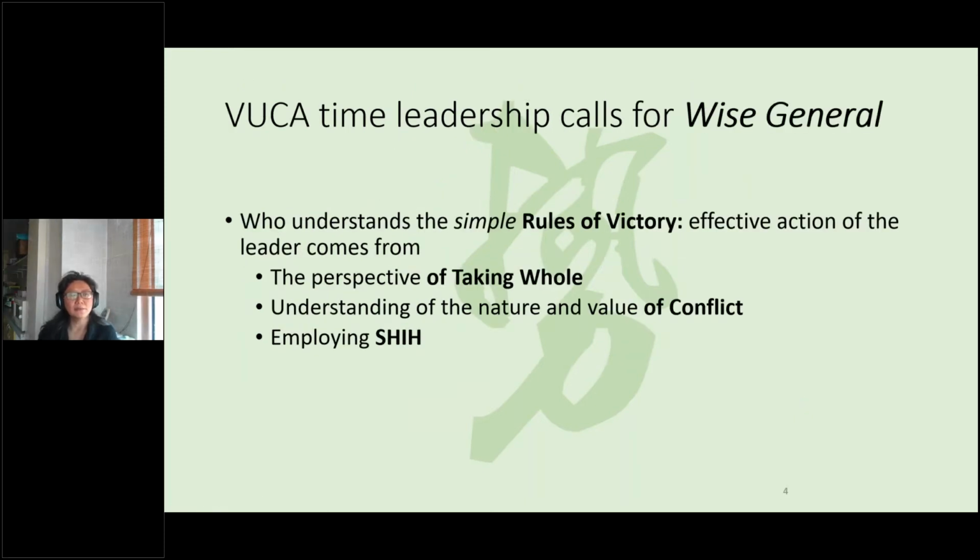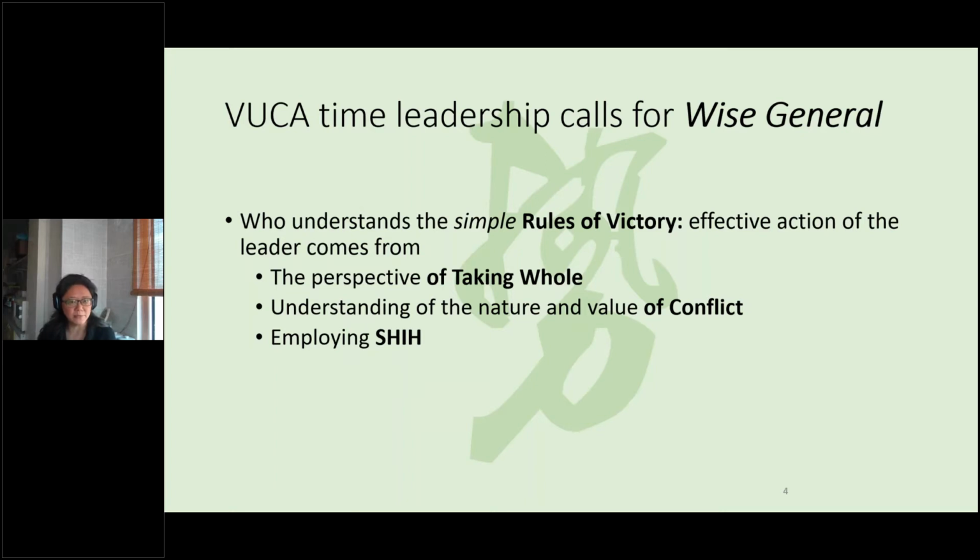So VUCA time leadership would be something Sun Tzu used to describe as a wise general. By wise general, Sun Tzu means someone who grasps or masters the simple rules of victory, someone who believes that effective action comes from the following three perspectives.